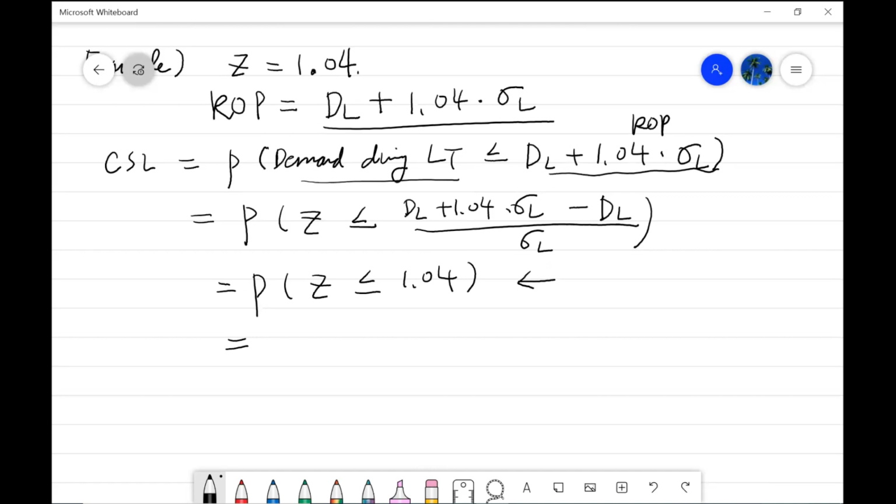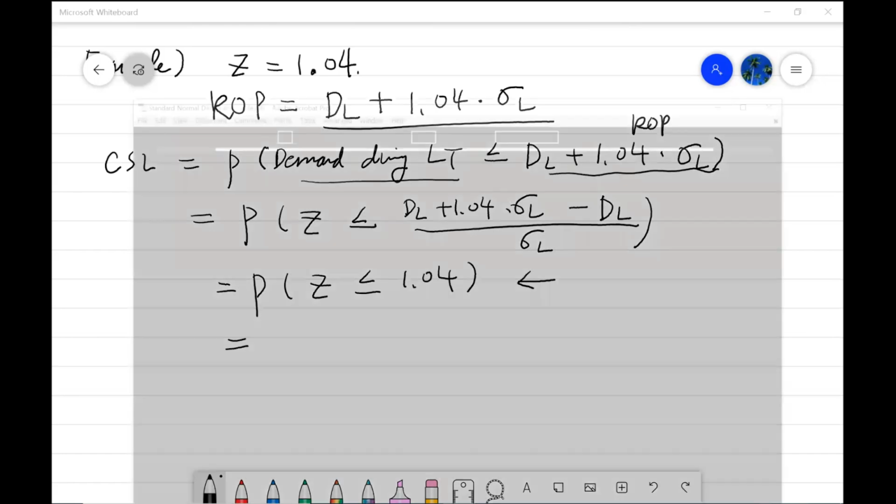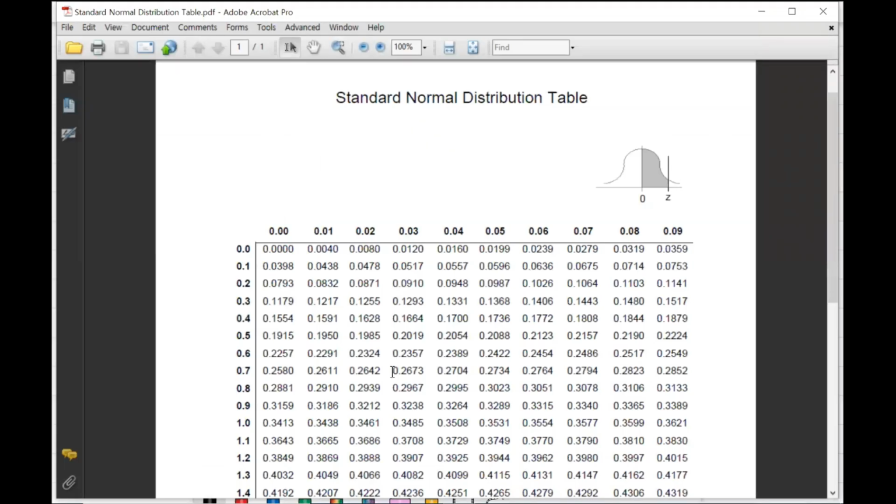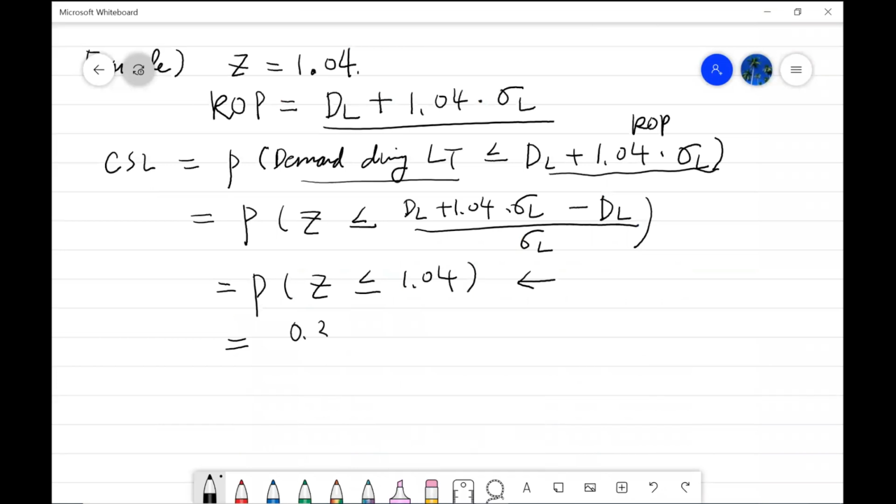Just take a look at the standard normal table. Where is the 1.04? 1.0 here, and 0.04 here. That is 0.3508. Is that all? No.